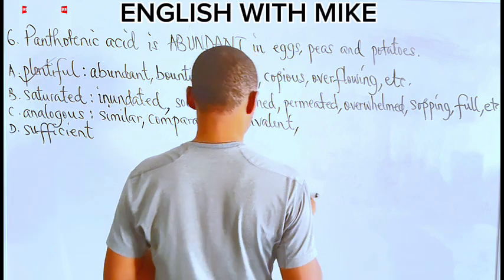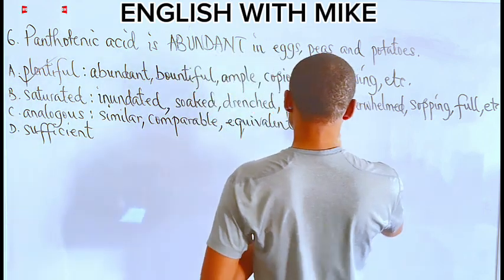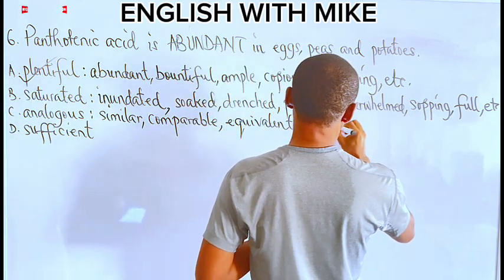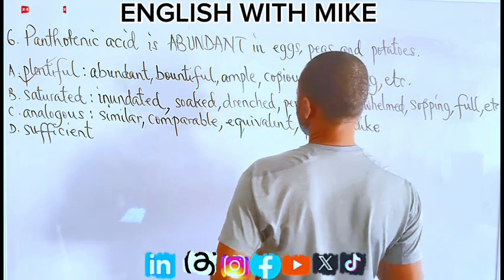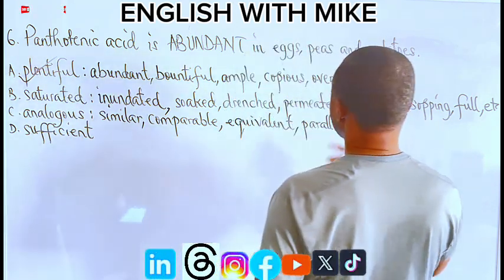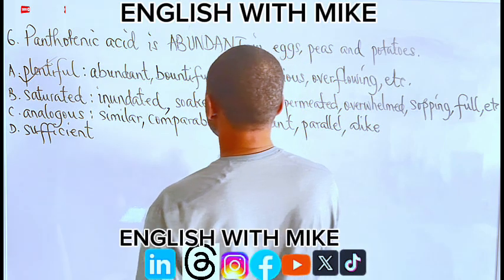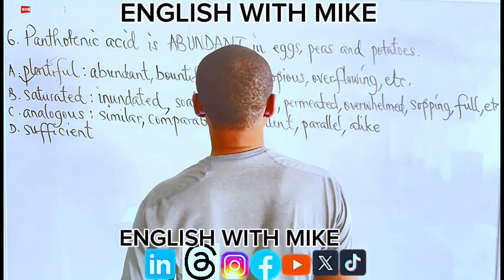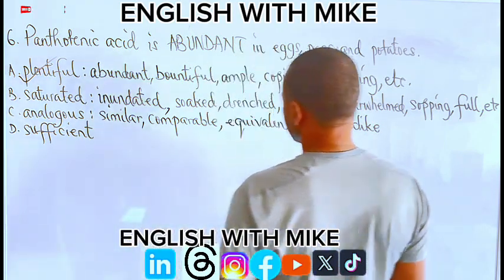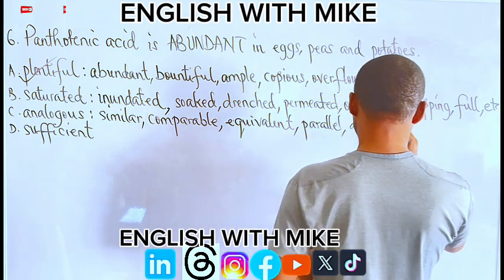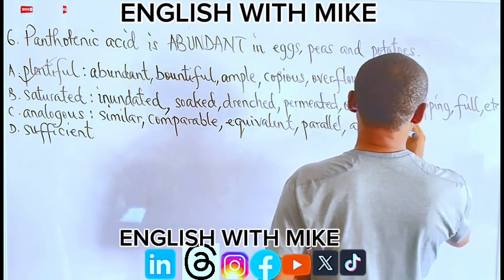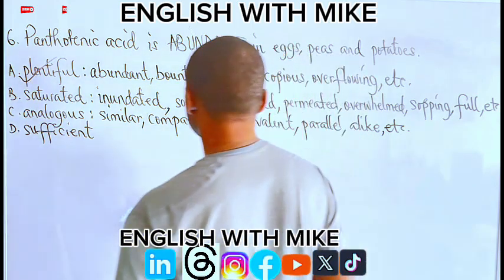Equivalent would mean parallel. Parallel means alike. So two things are parallel, they are alike, they are similar, they are comparable, they are equivalent, and so on. Can you think of anything else? We have similar, etc.